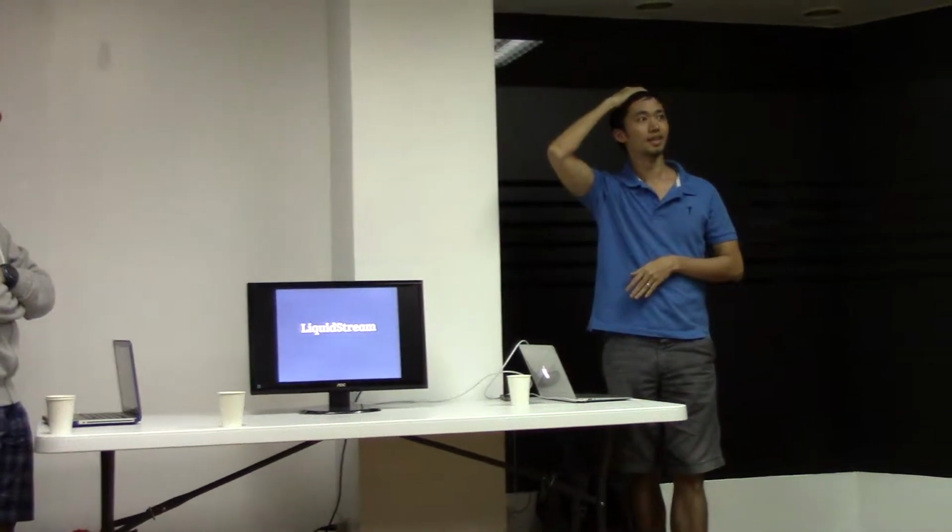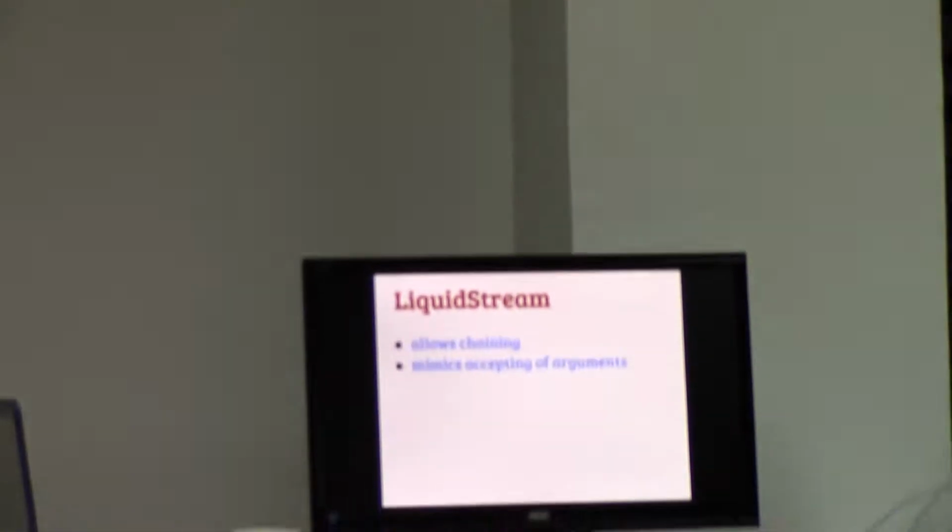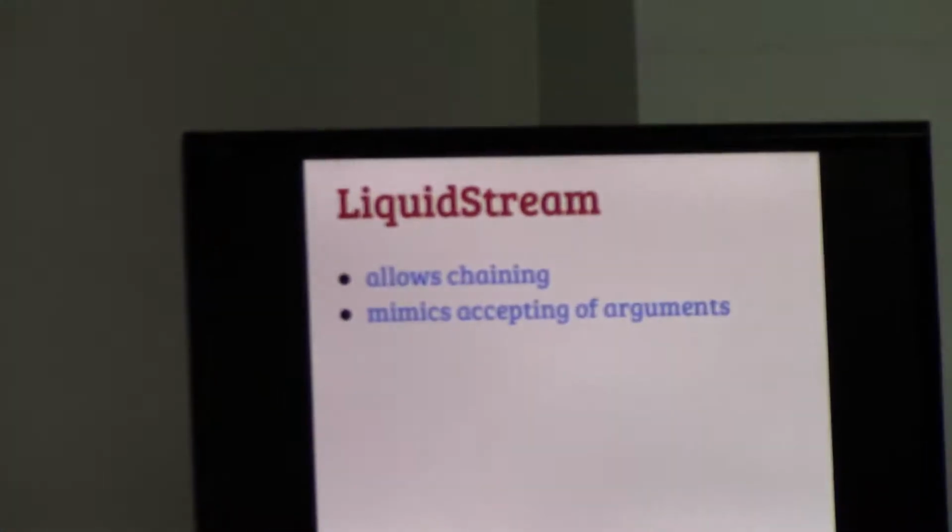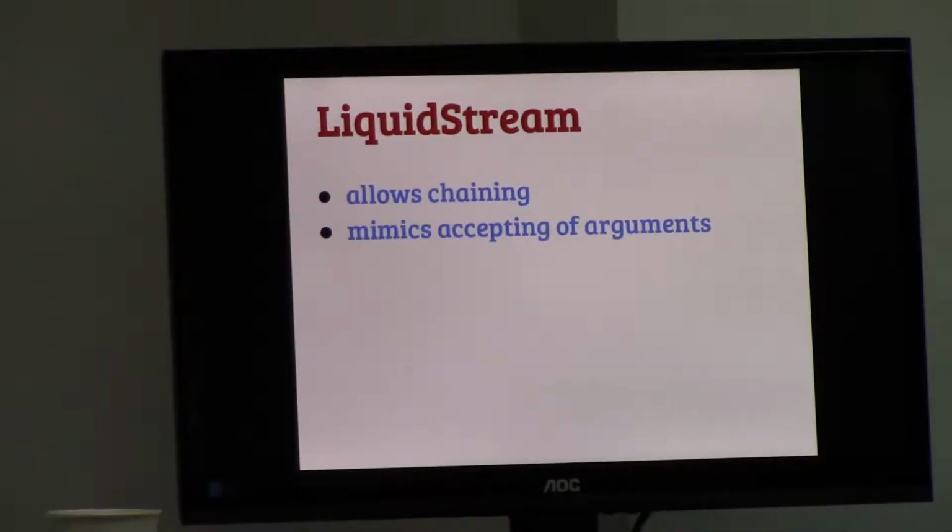There didn't seem to be any way to do that with Liquid, and so we had to make a workaround where you actually put together multiple drops that just end up calling each other. Now, if you do that with plain Liquid, it doesn't look nice. So we made this, and one more thing, it mimics accepting of arguments. So that's where you can pass like 200 by 200 pixels.